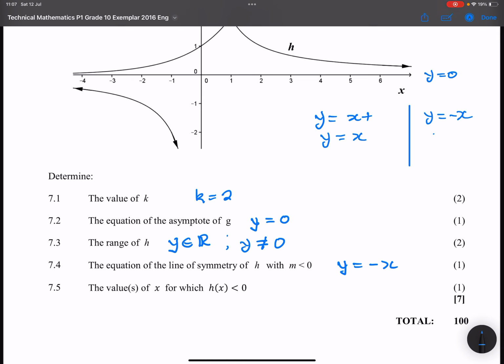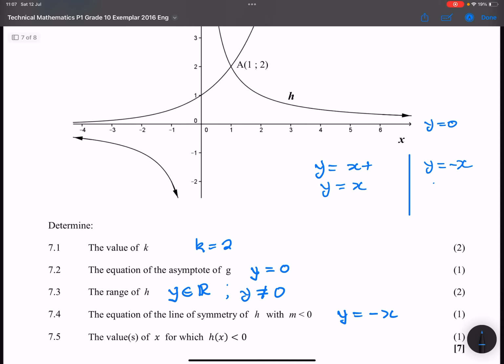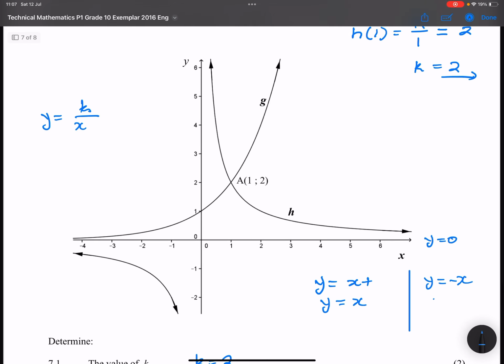And finally, they say to us the values of x for which h of x is less than 0. Again, we're going to the hyperbola. Those values are greater than 0, that's above the x-axis. So the only time when the graph is less than 0 is when we are below the x-axis.